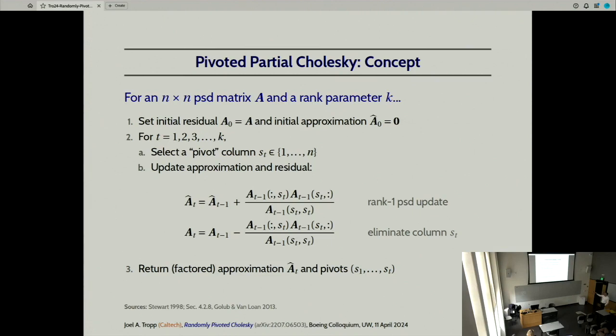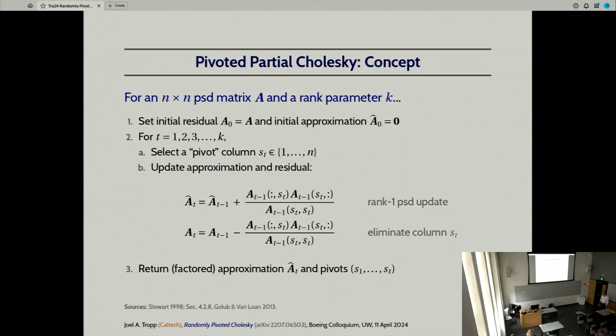To the approximation, we are going to add the outer product of the s_t column of the current residual divided by the s_t diagonal entry of the residual. So we're adding it to the approximation. We're removing it from the residual. So we're transferring this information from here to here. And then we're just going to proceed until we get bored and we stop. And the output will be an approximation, A hat K, and the columns that we decided to eliminate from the matrix.